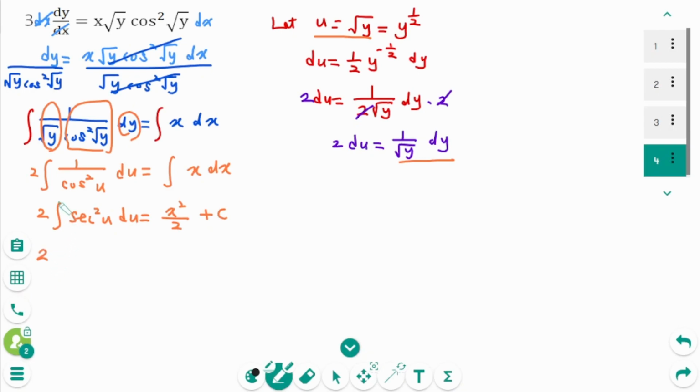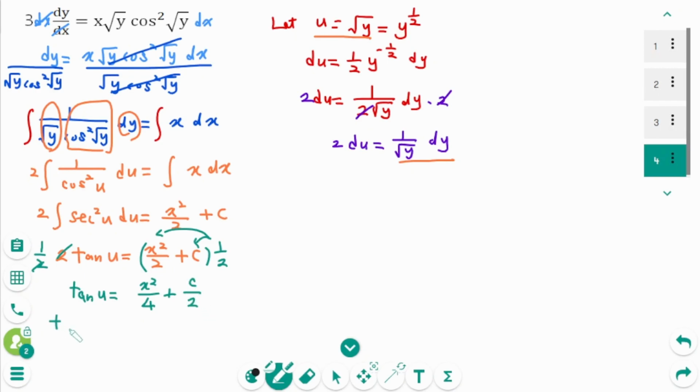Then 2 times integral of secant squared u is tangent u equals x squared over 2 plus c. Then times 1 over 2 on each side, tangent u equals x squared over 4 plus c over 2.